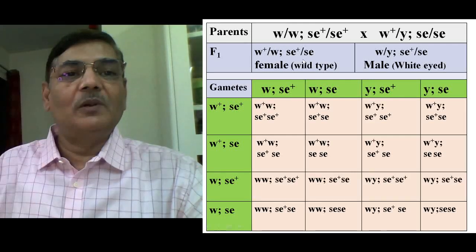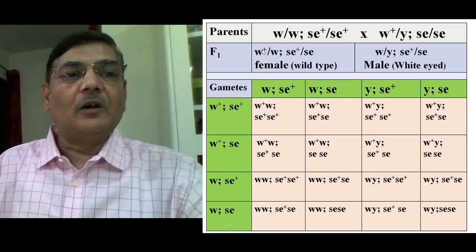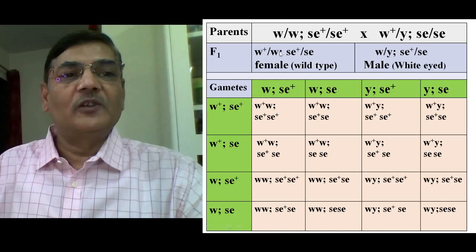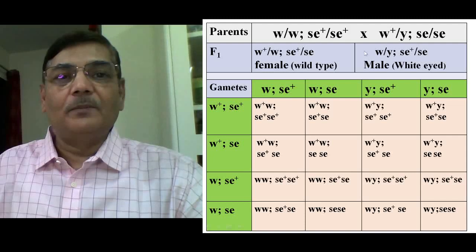Wild type means they will have normal features. We can consider them to be of red eye color phenotype. So females will be W plus W and SC plus SC, and they will be wild type.